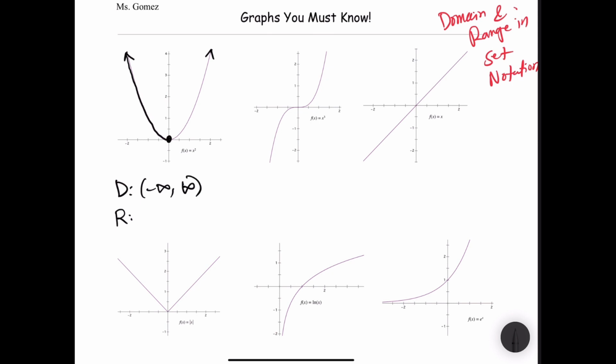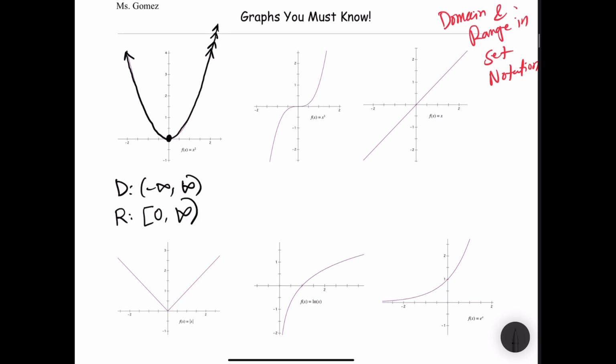It doesn't go downward past 0. So that's the smallest value on the y-axis my function is going to reach. Now, if I go upward, this function is going to keep growing and growing till infinity upward. So there's my domain and range for a quadratic.